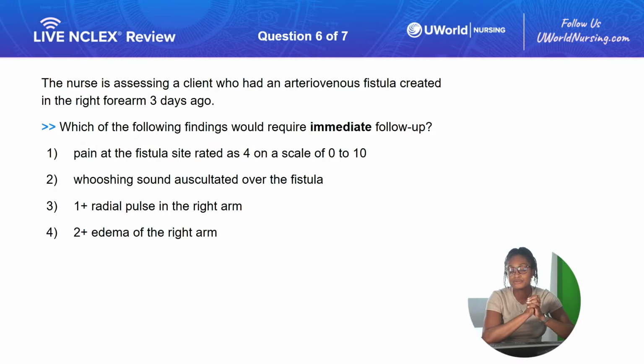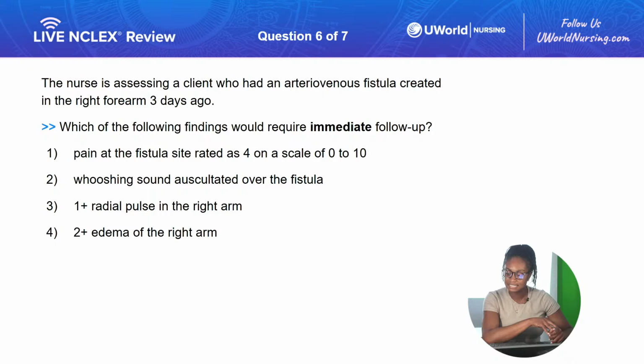So go through each answer choice and see, is this an expected finding for someone who had a fistula only 3 days ago? Or is this a complication of a fistula coming? Expected versus complication. And we have some good rationales in the chat. Love when you guys put rationales. It also helps other people see some rationales as well.